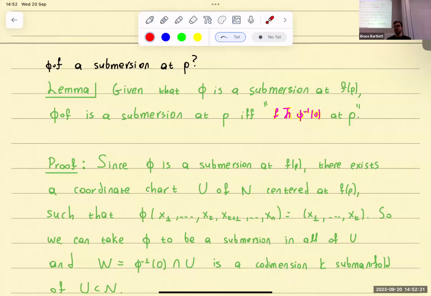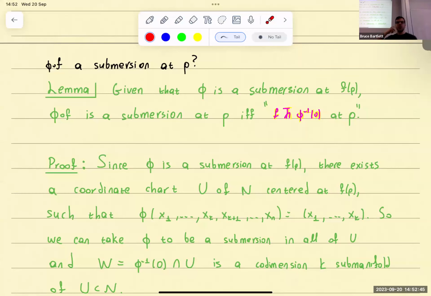Therefore you can make sense of what I wrote here, F intersects Phi inverse of 0 transversally. But that would be true only if Phi was a submersion on the full preimage, which I don't actually have.